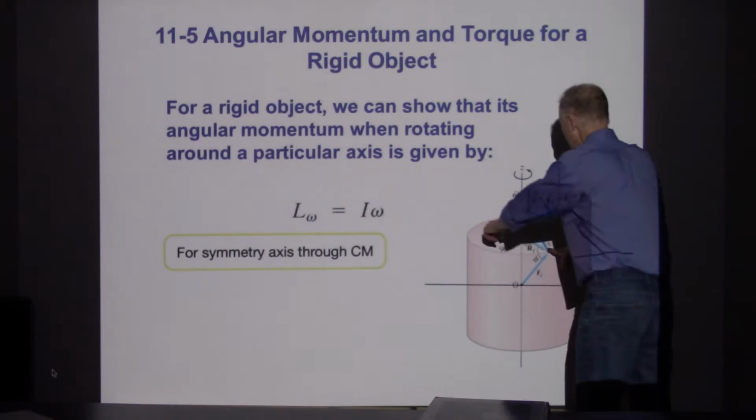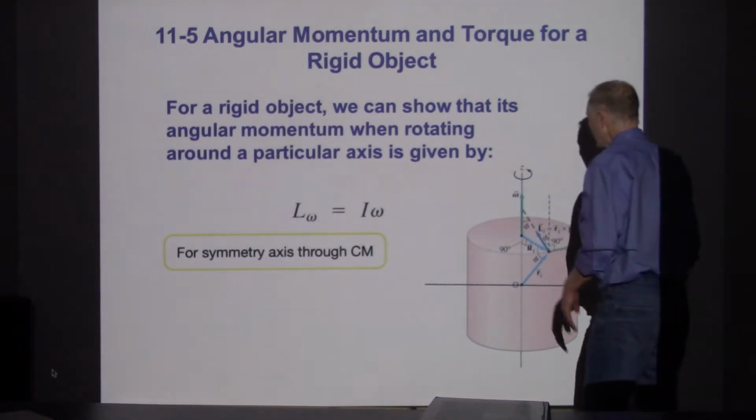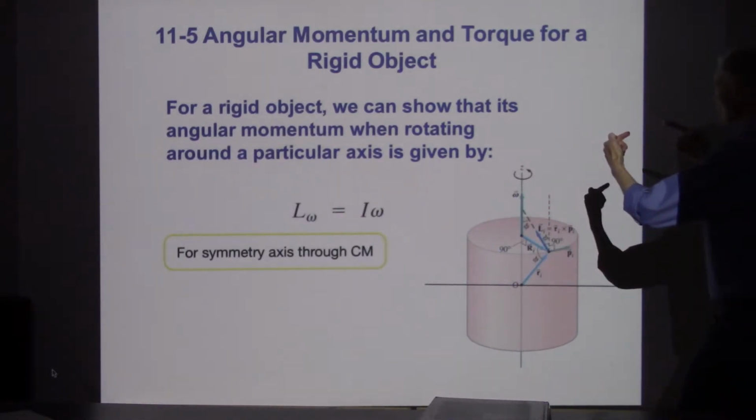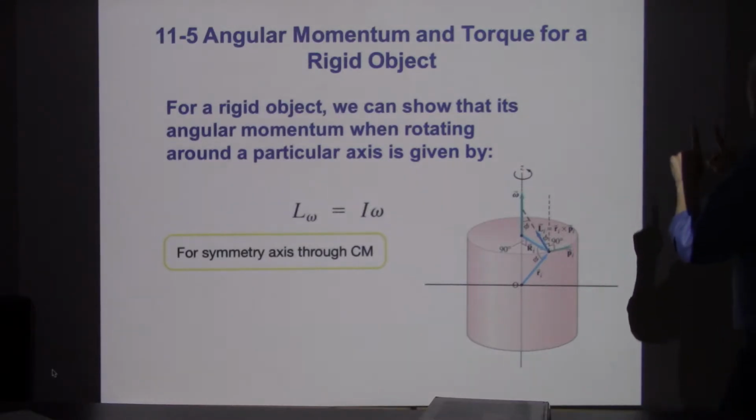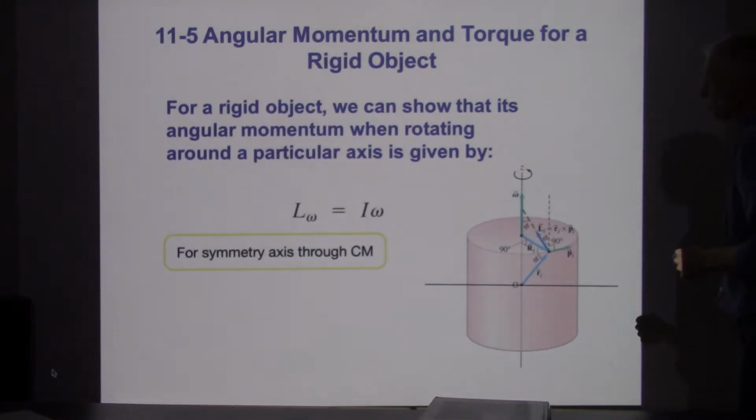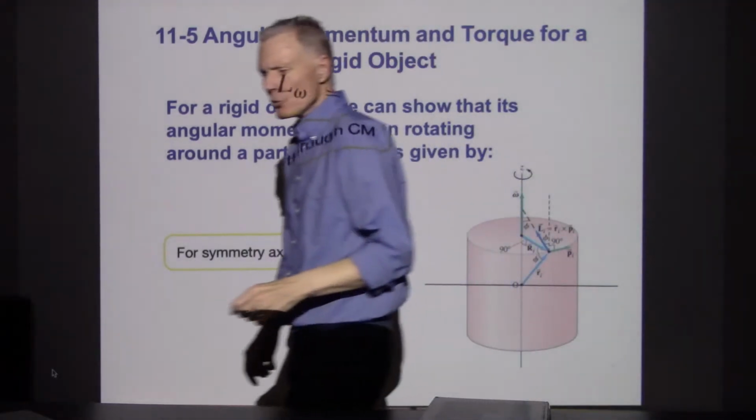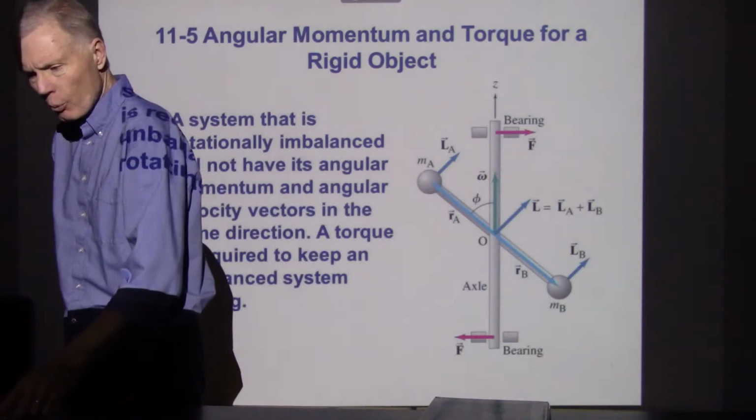In fact, all I really need is just one more object over here, and there are two angular momentum vectors. If I add them vectorially, they now point along the rotational axis. So this is an important concept.